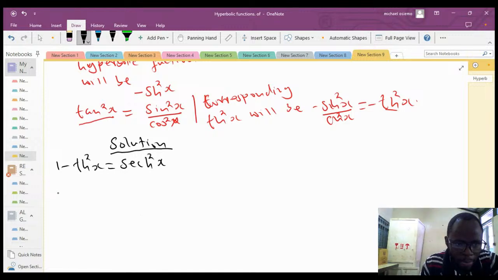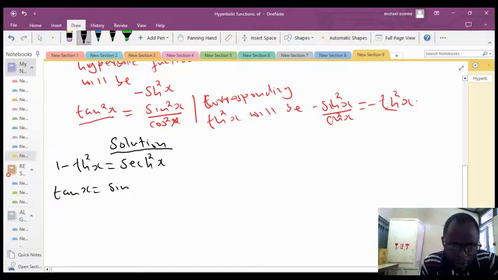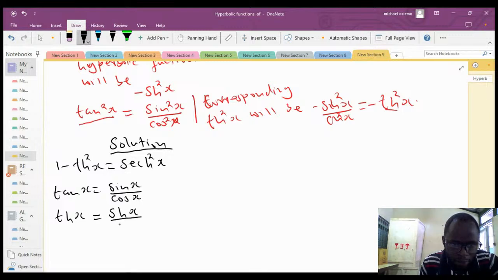As we usually state in trigonometry, tan x is equal to sin x over cos x. Then we still need to remember that the tan hyperbolic of x is also the same as the sin hyperbolic of x over the cos hyperbolic of x.